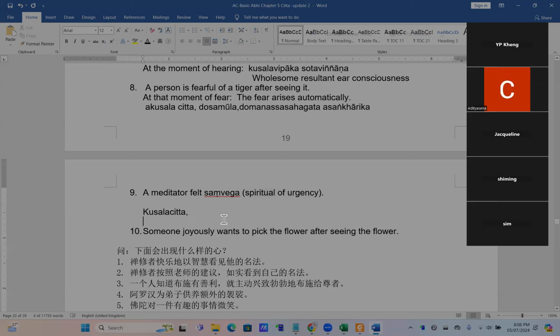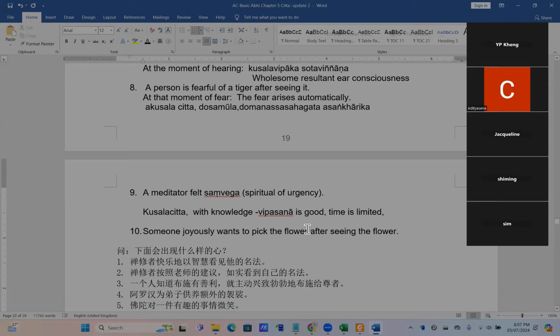With knowledge, yes, because he understands that vipassana is good or that time is limited. He has not much time, so there's a spiritual urgency. Now, prompted or unprompted? I guess it's prompted. Prompted by whom?